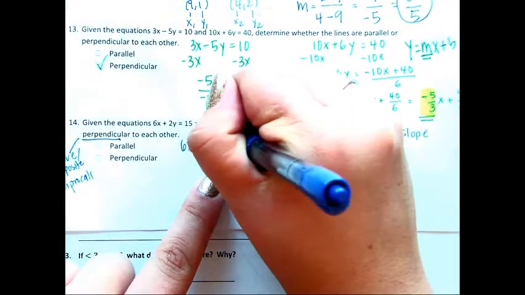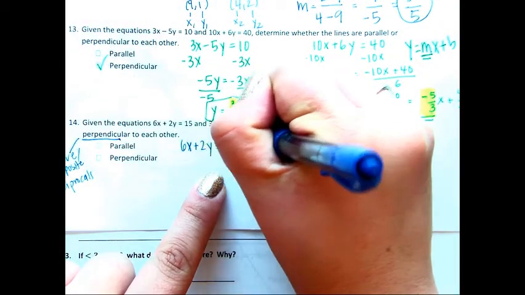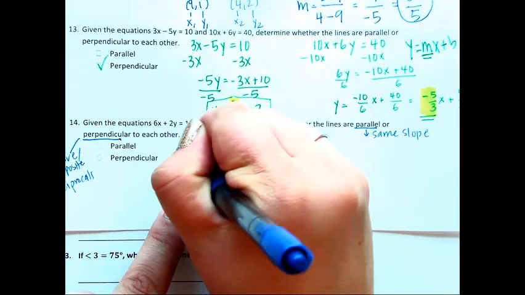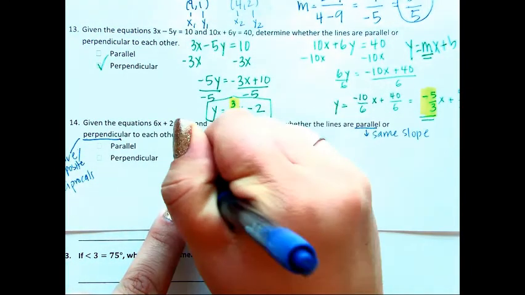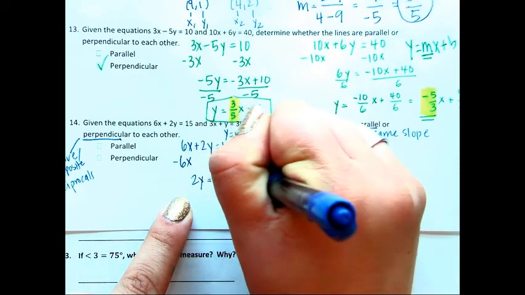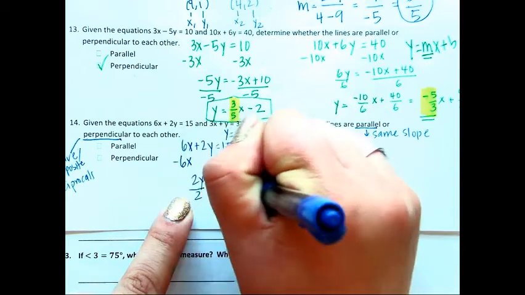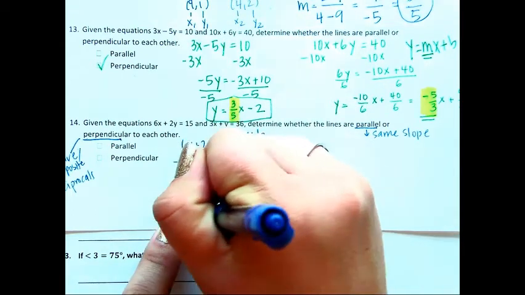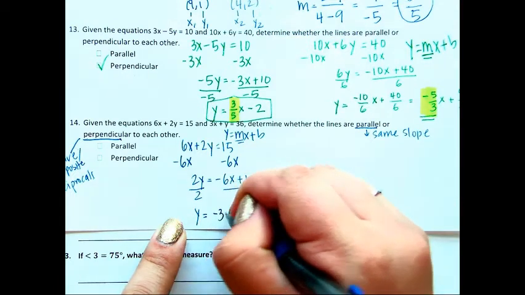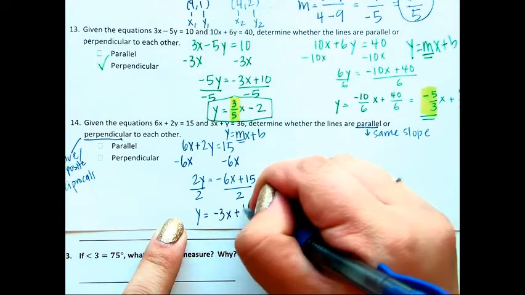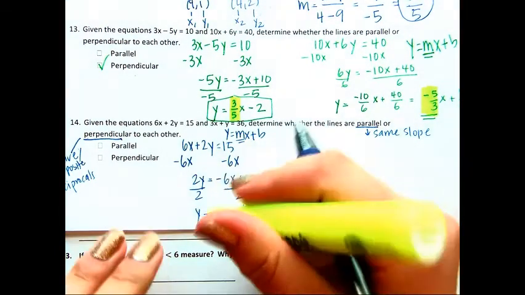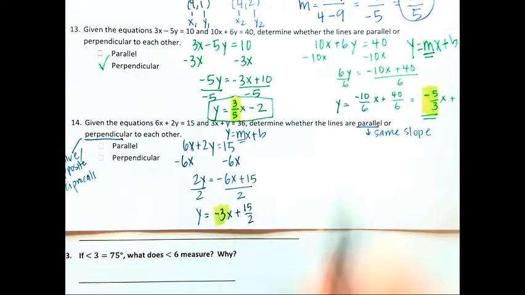I want to rewrite this into slope-intercept form so I can see what that m value is going to be, that slope. So I'm going to subtract 6x from both sides. We end up with 2y equals minus 6x plus 15. Divide by 2 on both sides, so then this becomes y equals negative 6 divided by 2, which is negative 3x. And then I'm just going to leave this as 15 divided by 2, because all I care about is the slope.